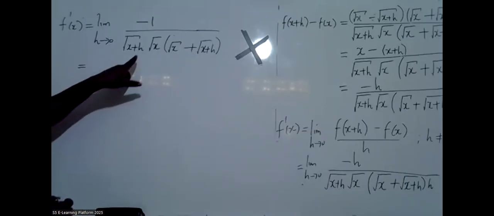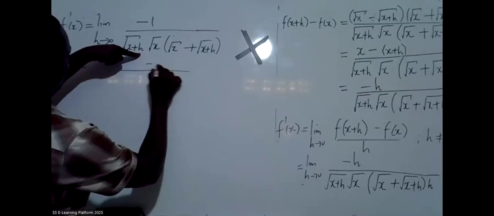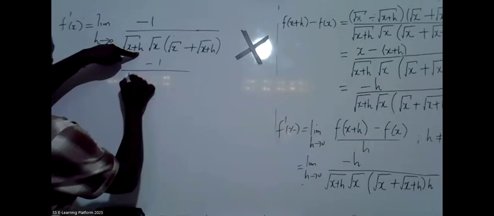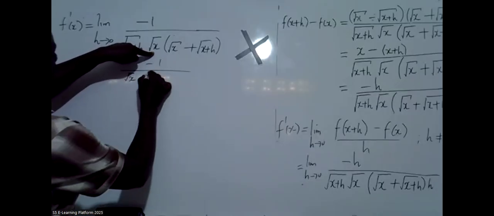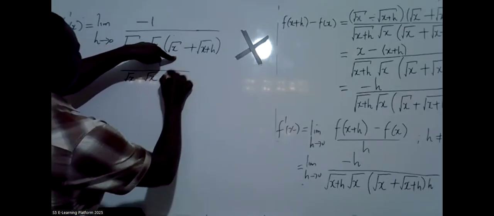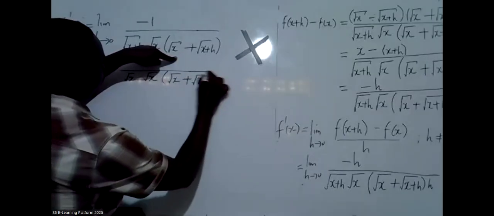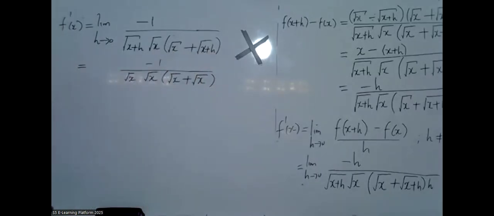If I put a 0 here, in this one, we remain with the numerator as negative 1. Putting 0 in this, there is h here. This will be root x alone. Then there is this root x remaining there. In brackets, I'll have root of x plus again root x because I've replaced this h as 0. So I'm left with only the square root of x.